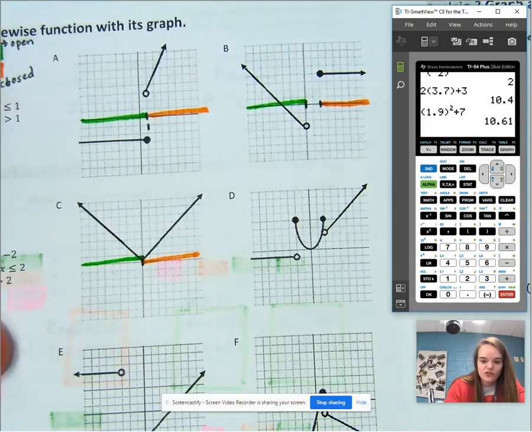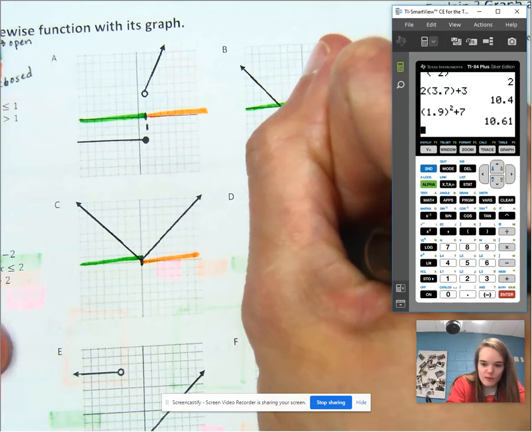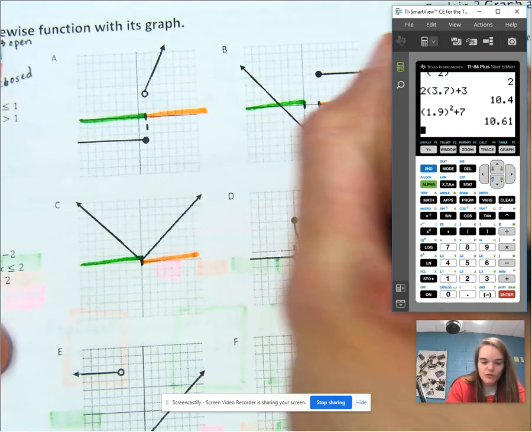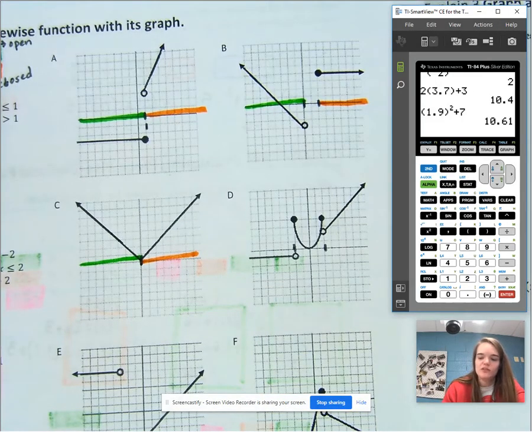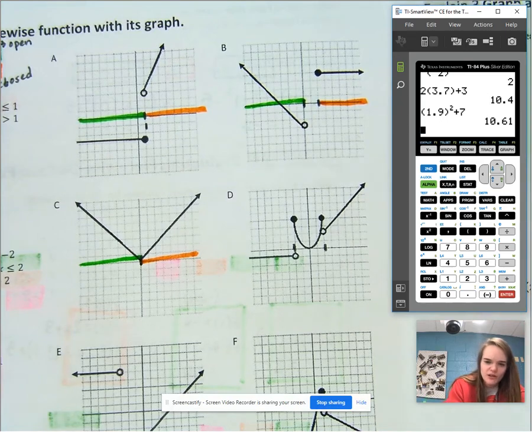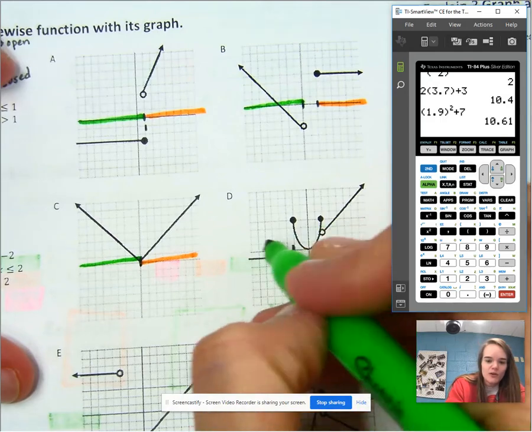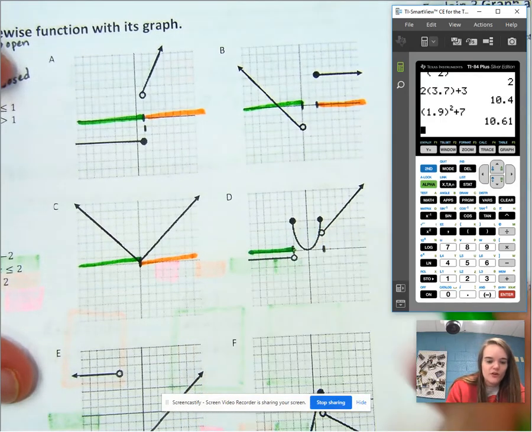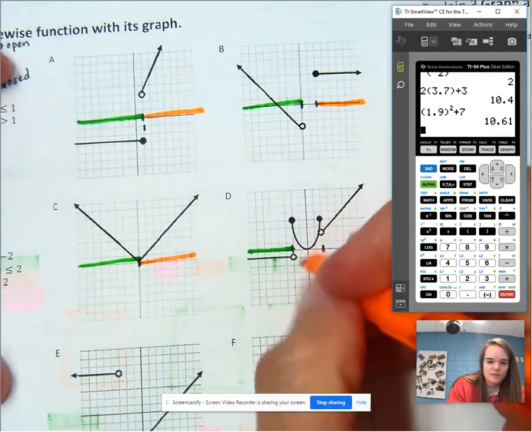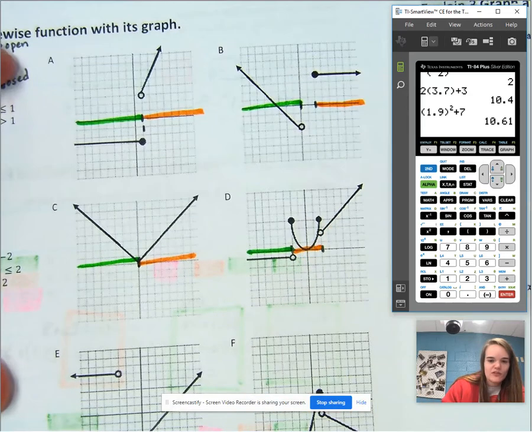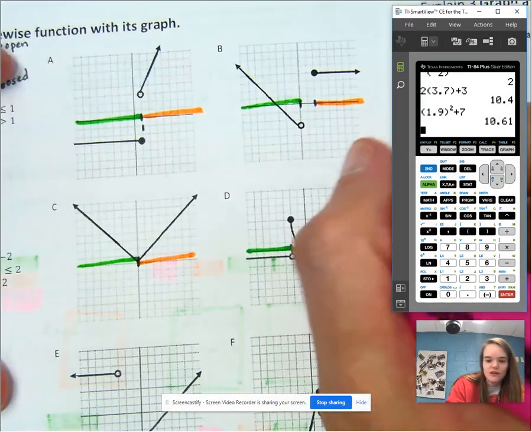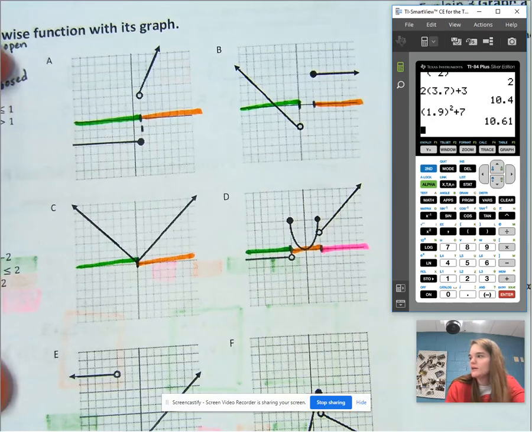D changes in 3 places. Not 3 places, but it's got 3 pieces of the domain, which means we'll need another color. So we have the first set of the domain, the second set of the domain, and the third set of the domain.